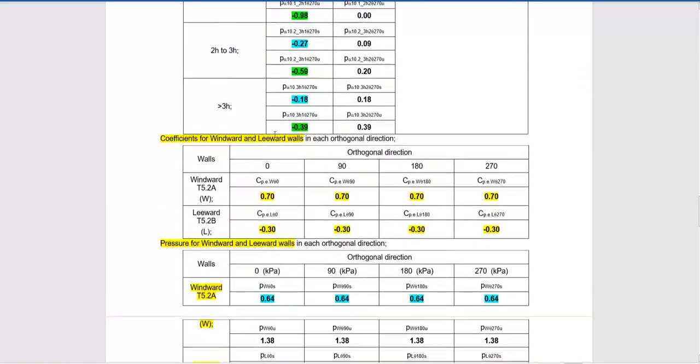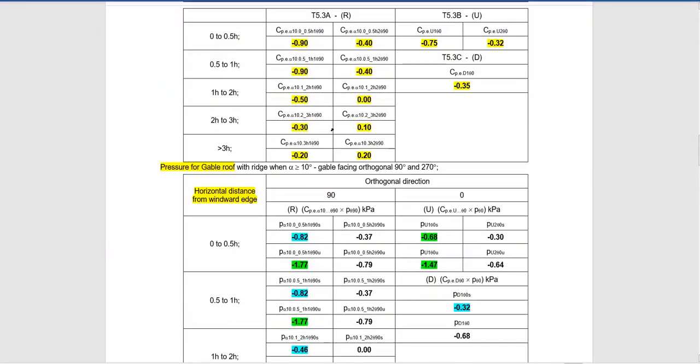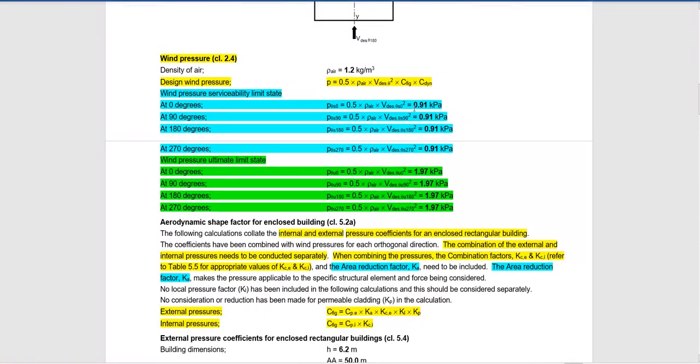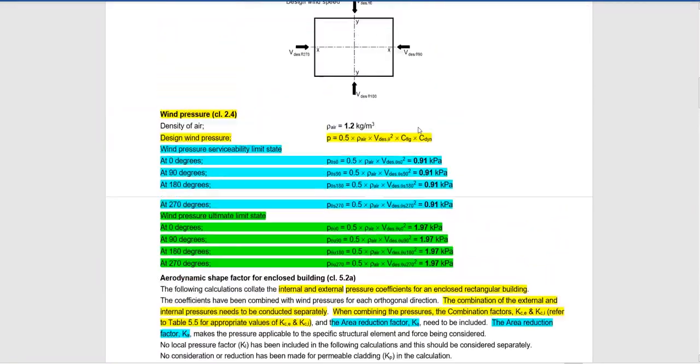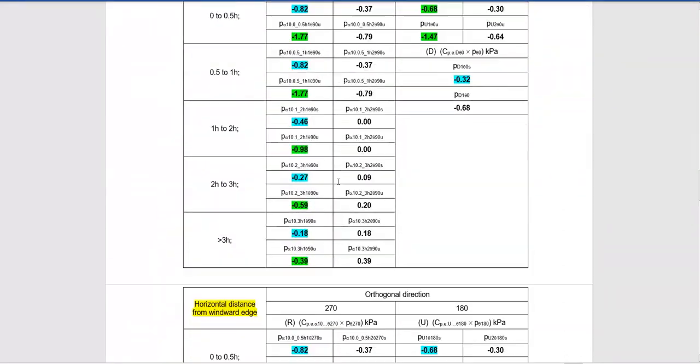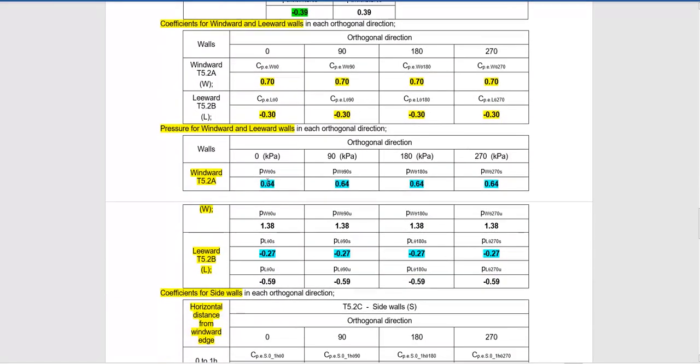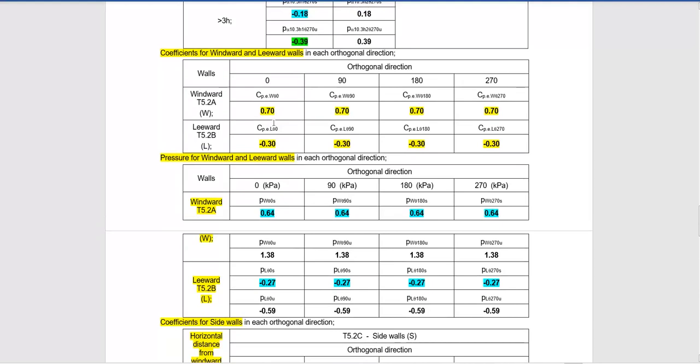plug this value back into the formula, which is multiply this by this constant, which is 0.91 for serviceability limit states and 1.97 for ultimate limit states, to get the net pressure for windward and leeward side. So in all these scenarios, because there is no two values for Cp, we have only one value.